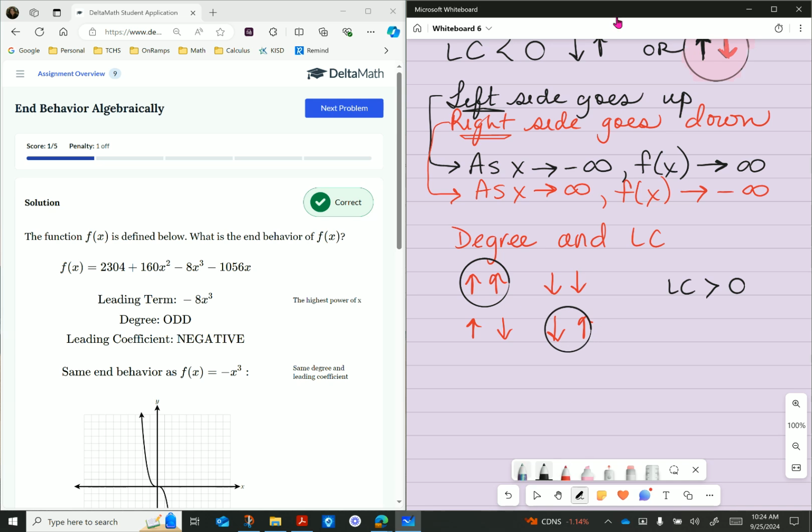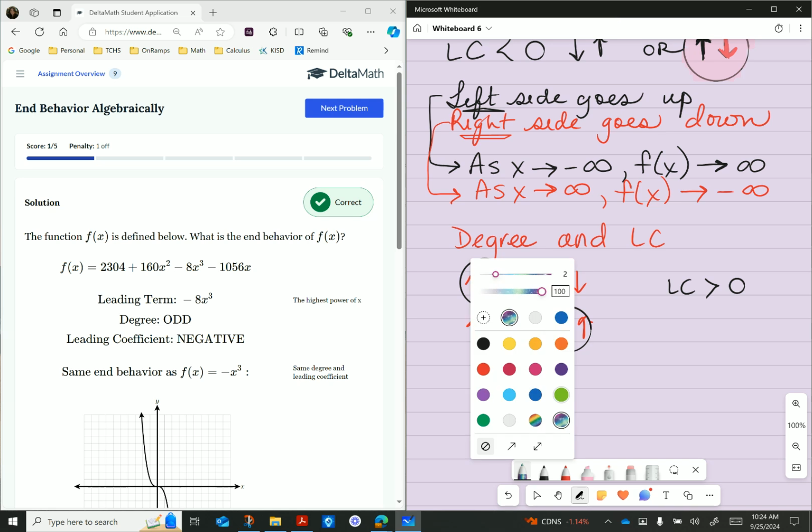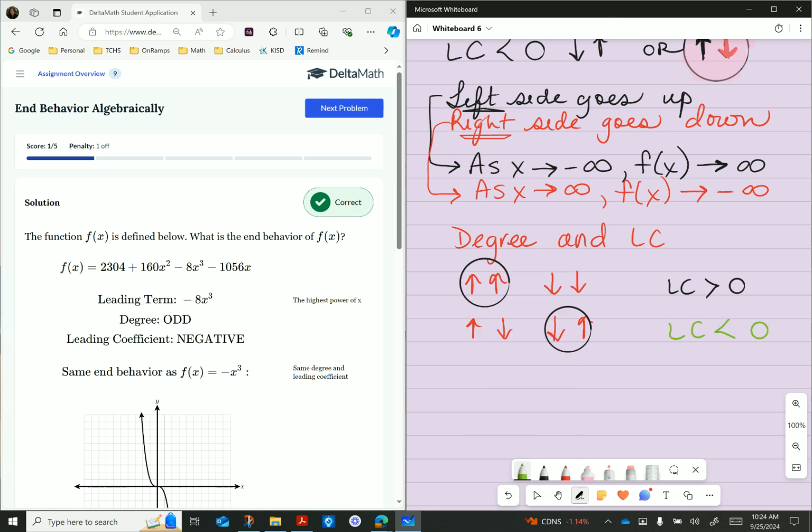If your leading coefficient is less than 0, that means negative, that means pointing down. They're either both pointing down or the right hand is pointing down. Even are these top ones, and odd are these bottom ones. So that's how you do it.